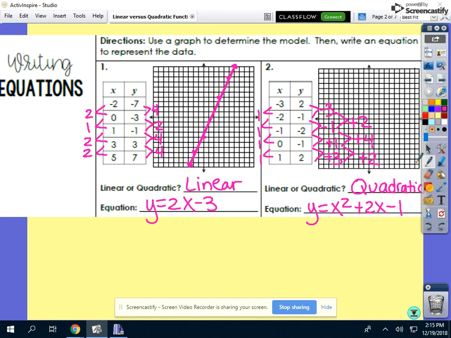For the quadratic graph, I'm going to have to remove my work to have the space.